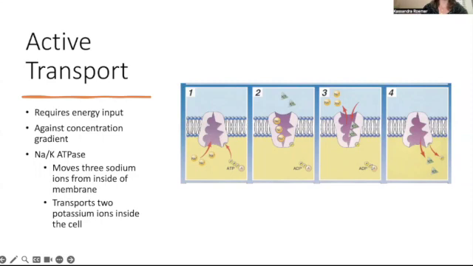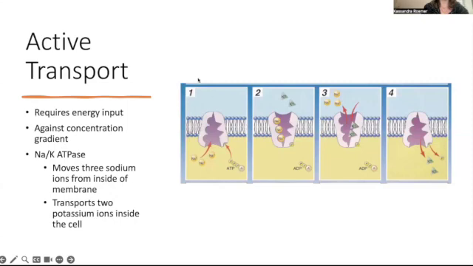So 3 sodium ions bind from the inside to the channel. It also binds ATP, which is then hydrolyzed. That energy is then used for a conformational change from this position 1 to this position 2. Sodium is released to the outside, and 2 potassium ions can bind on the channel.